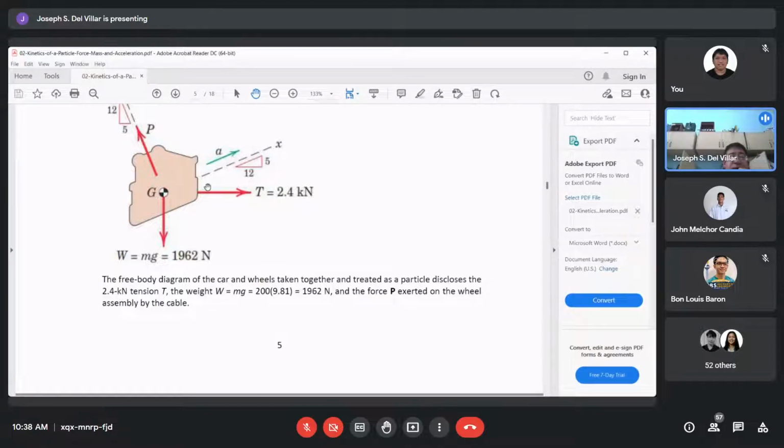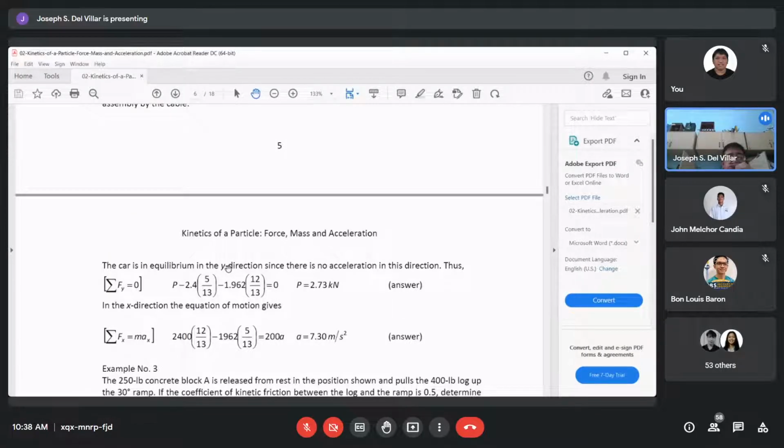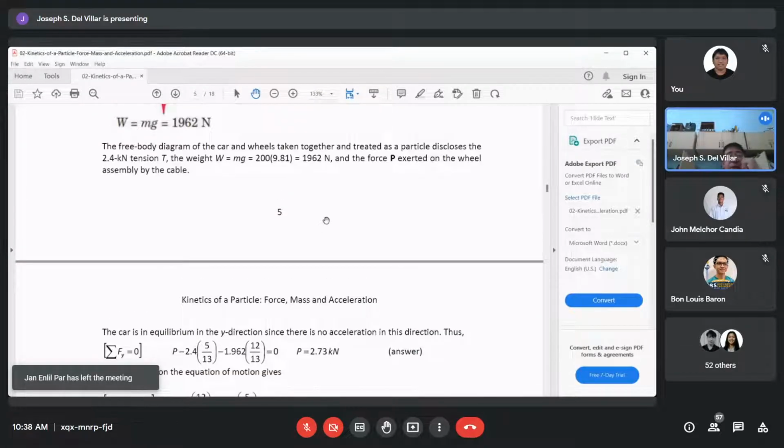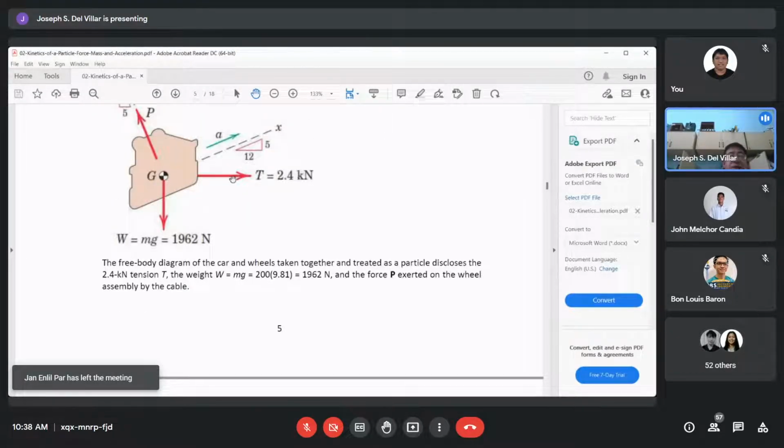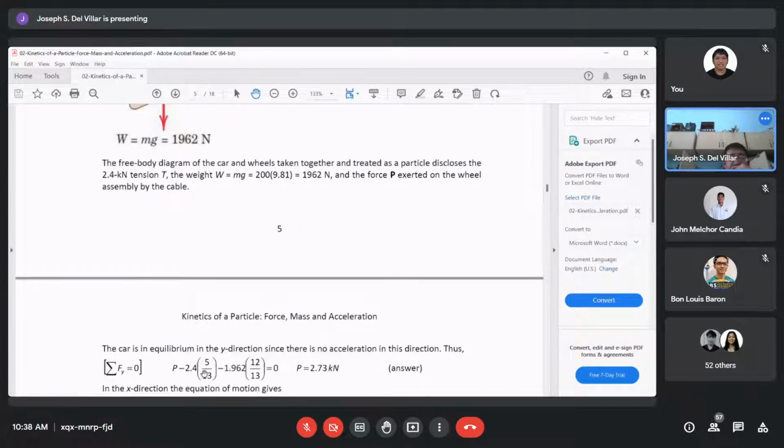So if this is the angle, then its opposite is the sine. So what is the sine of this? 5 over 12, or rather 5 over 13, I mean, no? Because this is the hypotenuse. So sine is opposite over the hypotenuse, so 5 over 13.